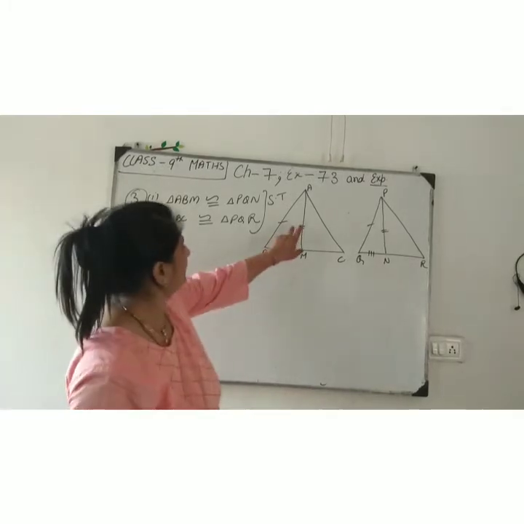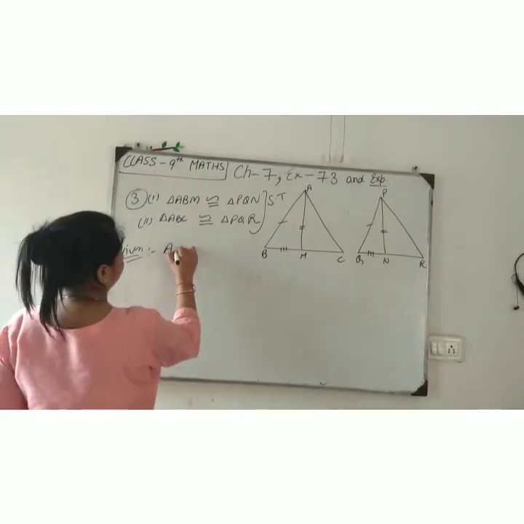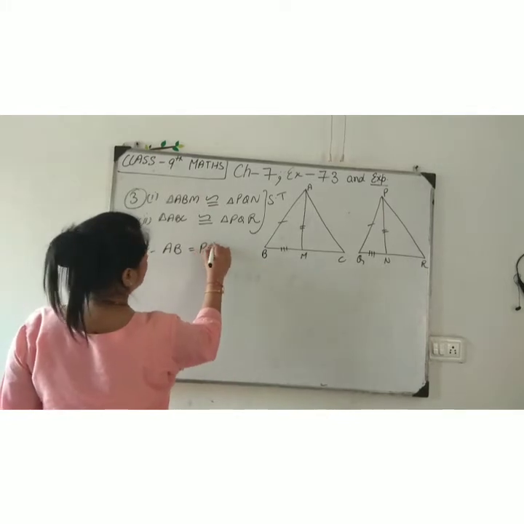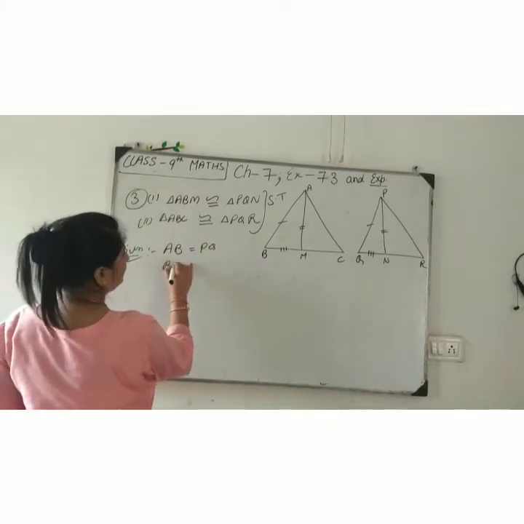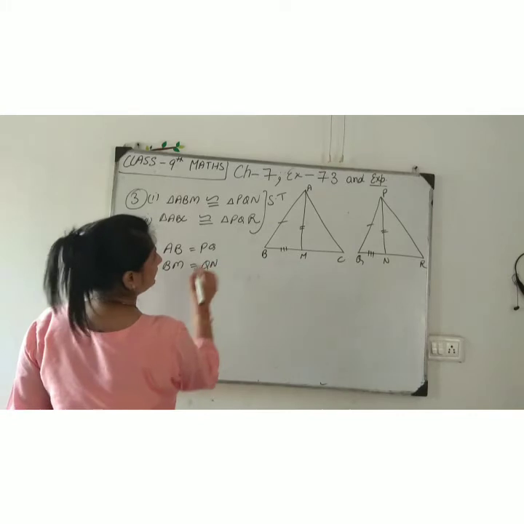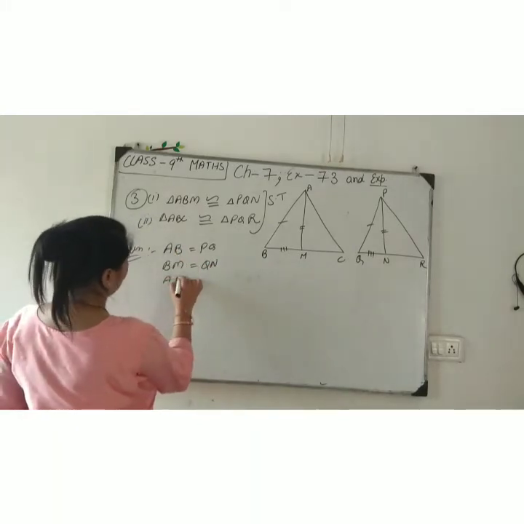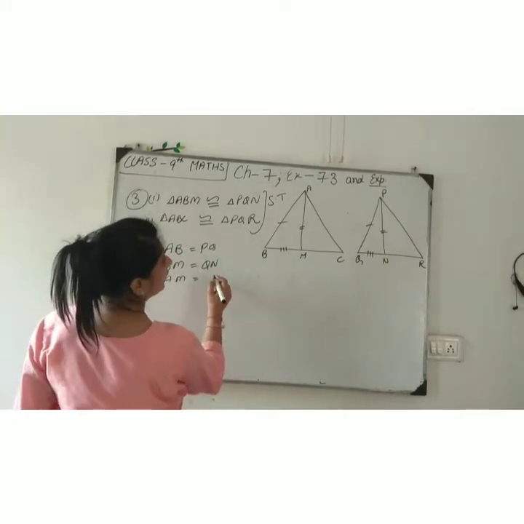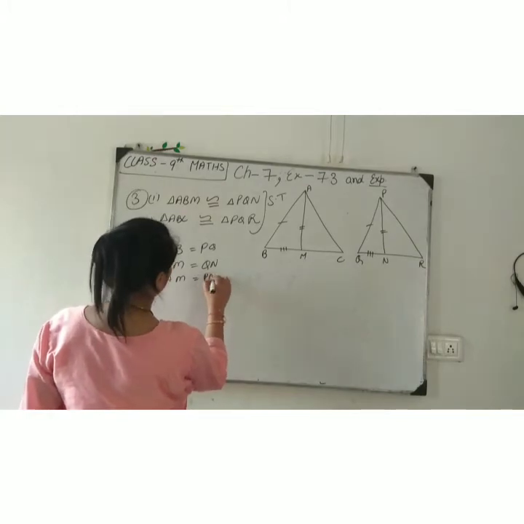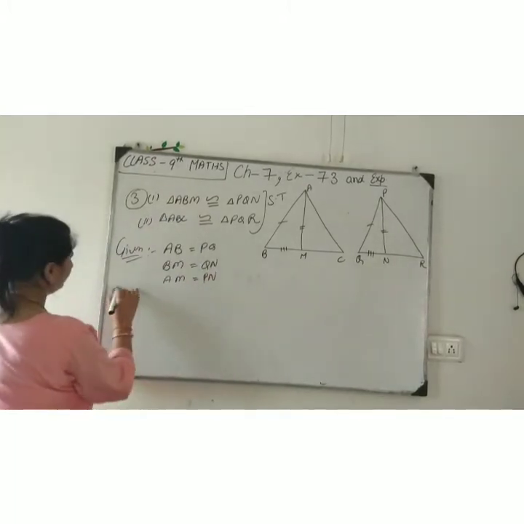You can see on the board, AB equals PQ, BM equals QN, AM equals PN. Clear? Start the proof.